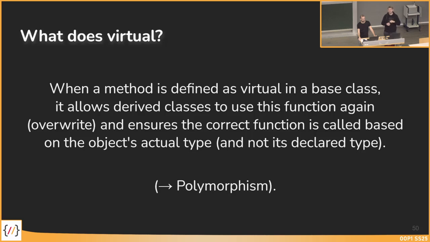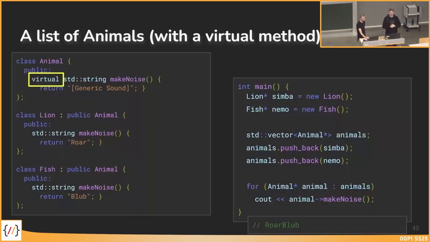So it depends on the actual type of the object. As we have had it before with the lion and the fish, these have a different behavior. Whenever we define a method as virtual in the base class, then the behavior of the actual type of the object is used. So we have lion with raw and the fish with blob.